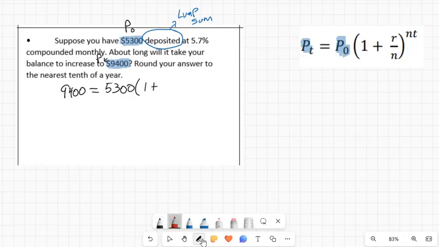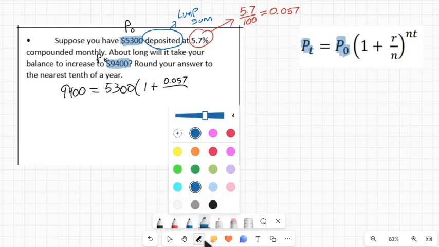Now the R, we know we take the interest rate and change the percent into a decimal by dividing by 100, and that gives us 0.057. So that's our R. Divide by, now the N value depends on what the compounding is.